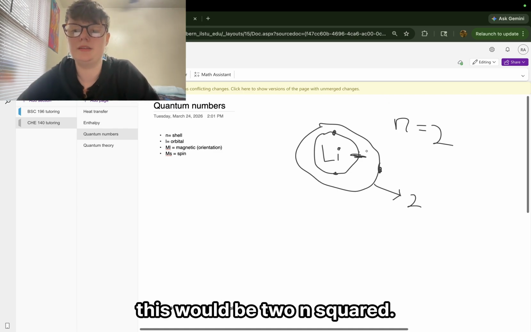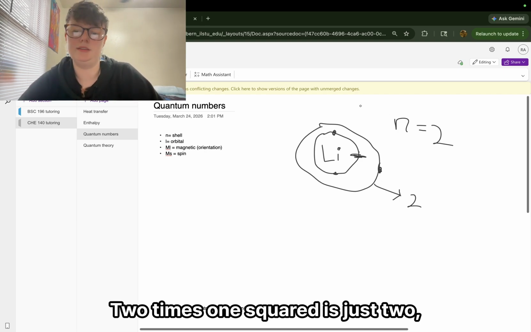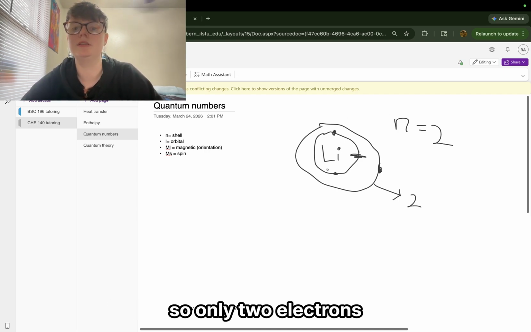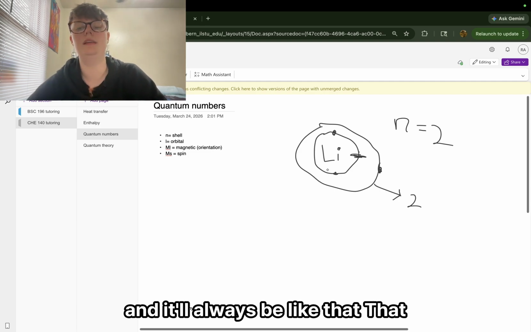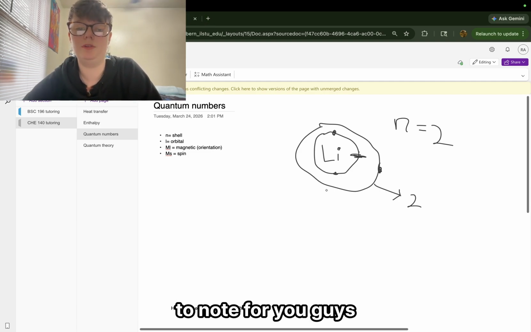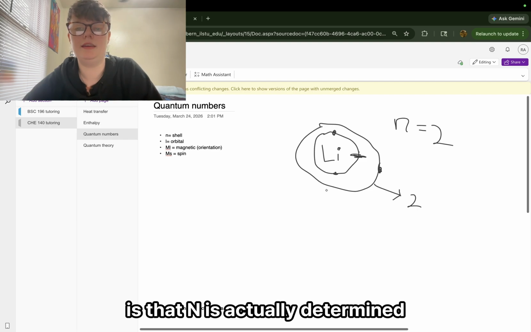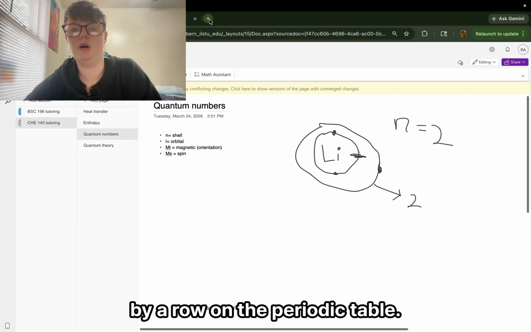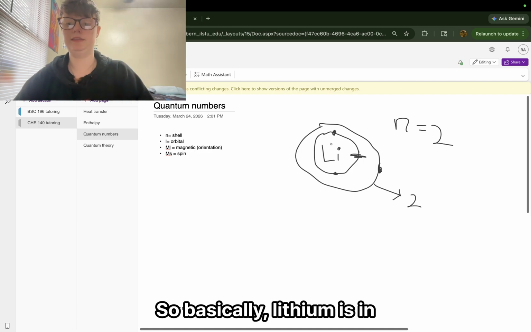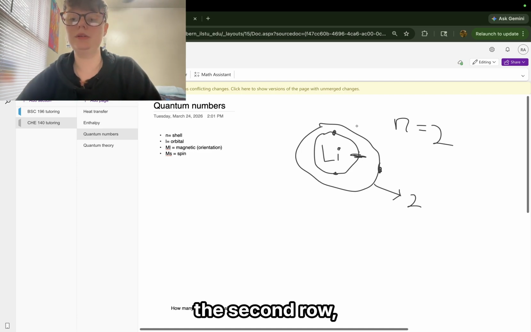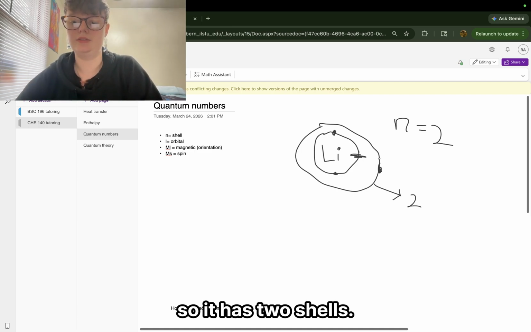So 2 times 1 squared is just 2, so only 2 electrons can be held in that first shell, and it'll always be like that. Something very important to note is that n is determined by the row on the periodic table. Lithium is in the second row, so it has 2 shells.